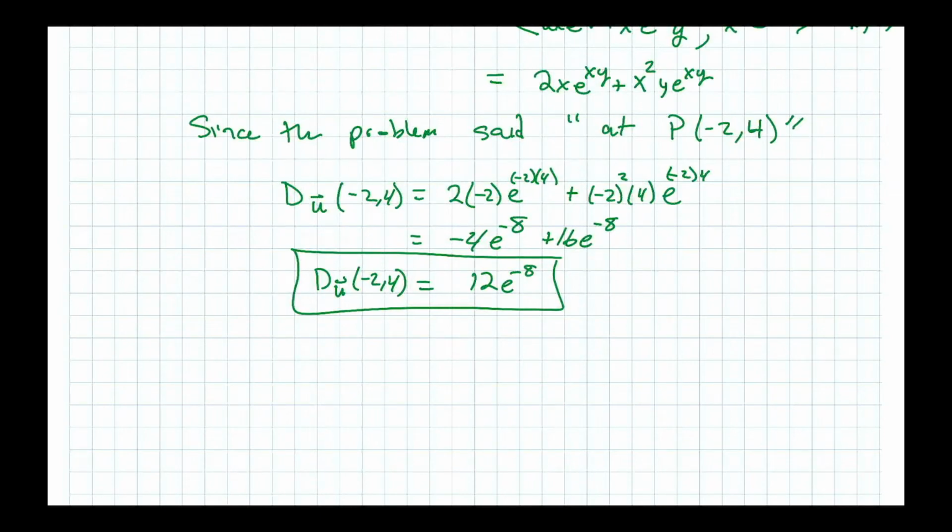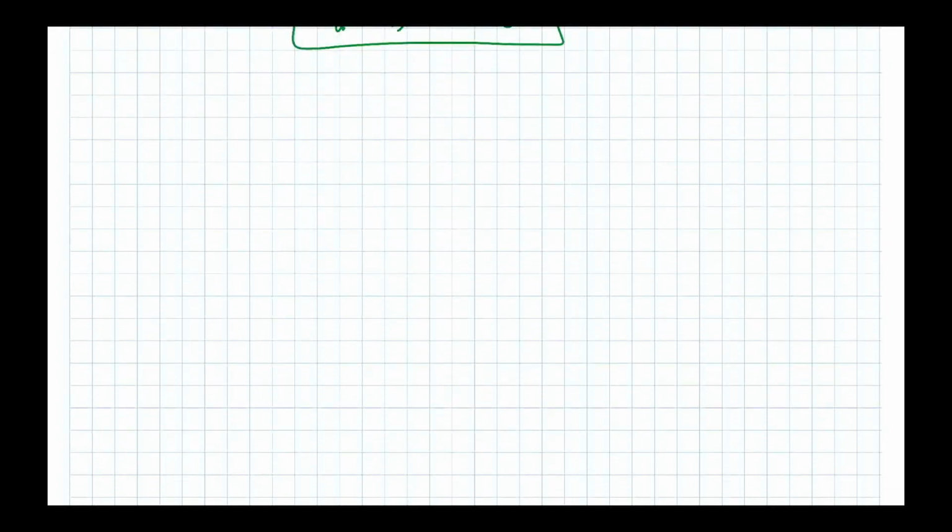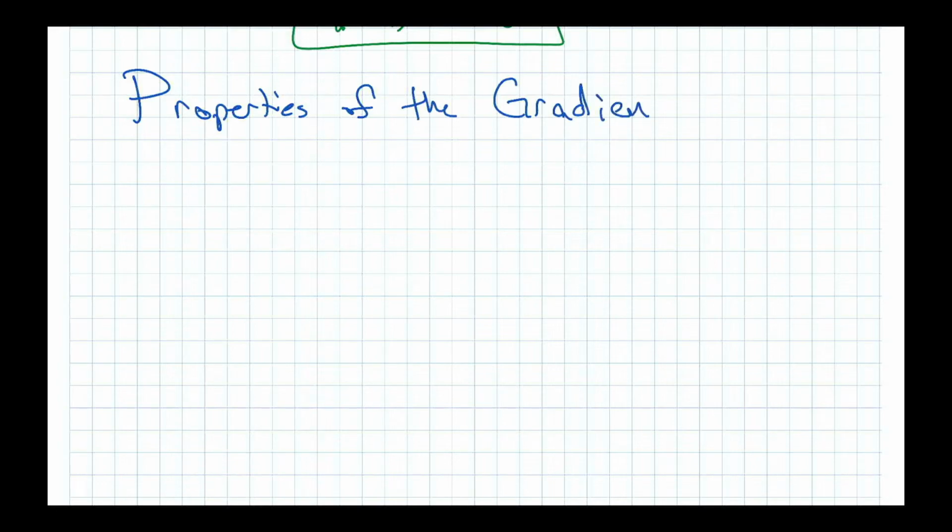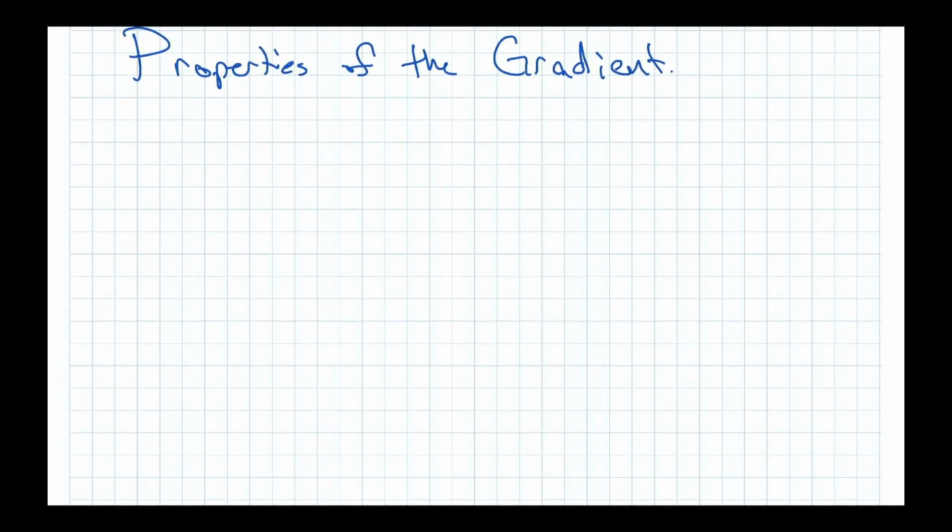You can do it at a point, or you can just leave the x, y in there, just like regular derivatives. But we're not done yet because we need to learn some more interpretations of what the gradient does. Okay, so the gradient has certain properties. Properties of the gradient.